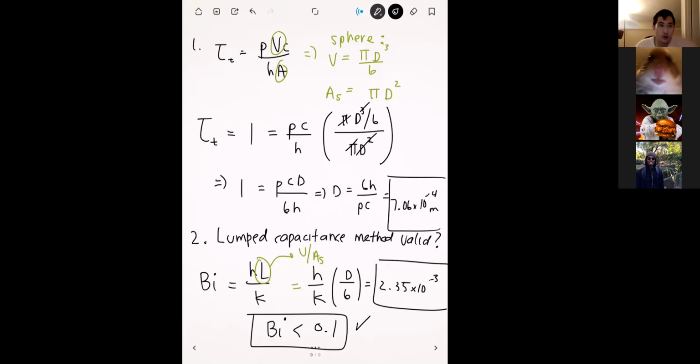In those cases where you can't easily compute a length to plug in for the Biot number, you can take the volume of the object divided by its surface area. A lot of times, you want to do this lump capacitance method on a 3-dimensional object, and for those, sometimes it's hard to choose what length to plug in.